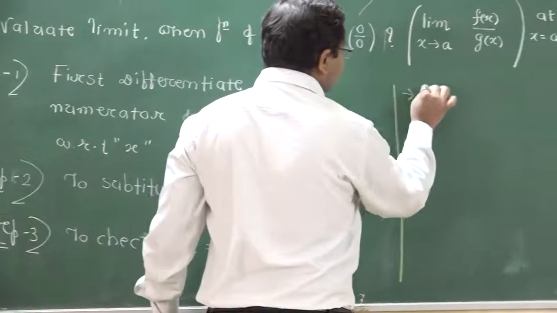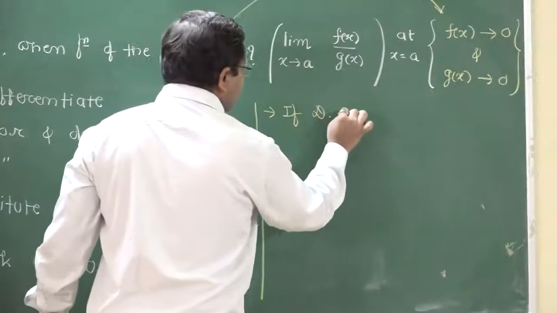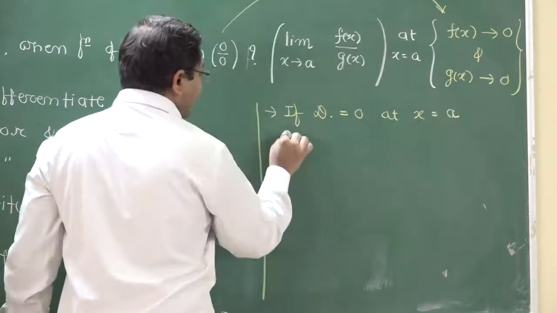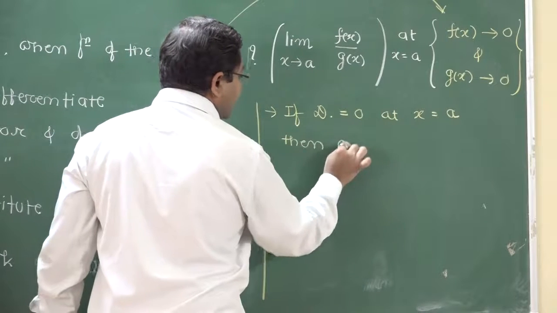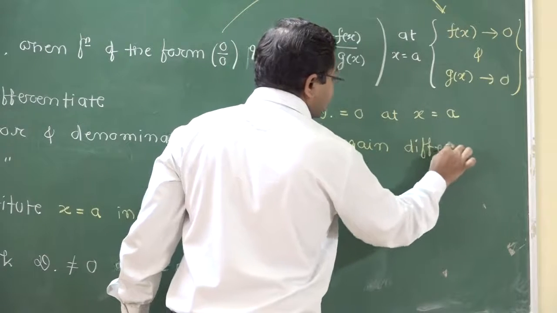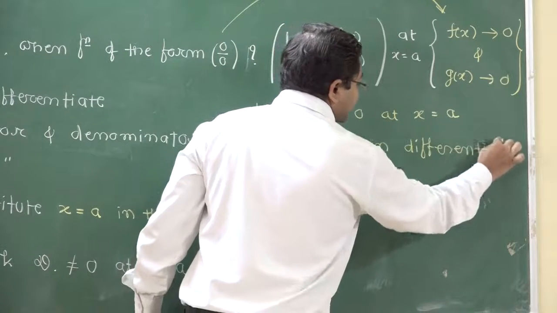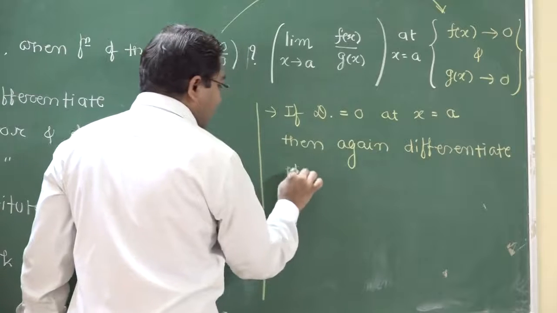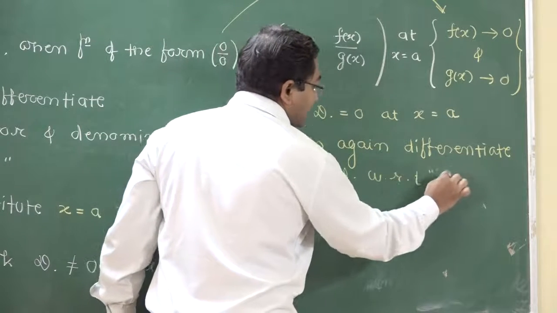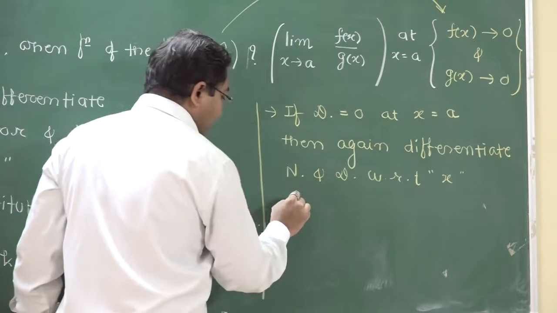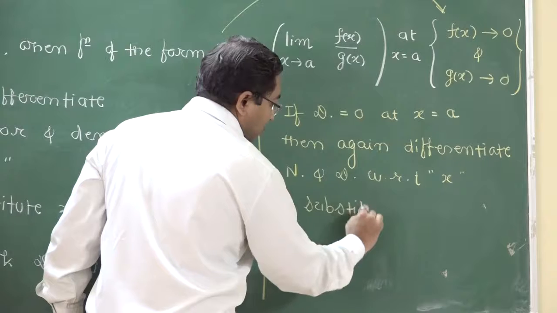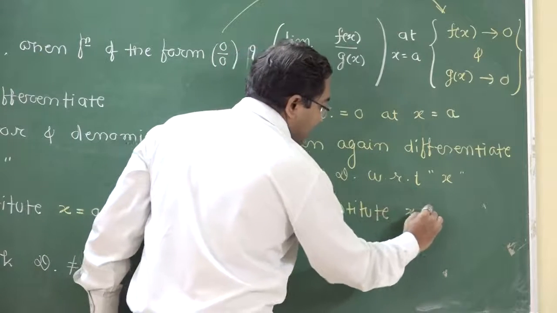If the denominator is 0 at x equal to a, then again differentiate the numerator and denominator with respect to x, and substitute x equal to a.